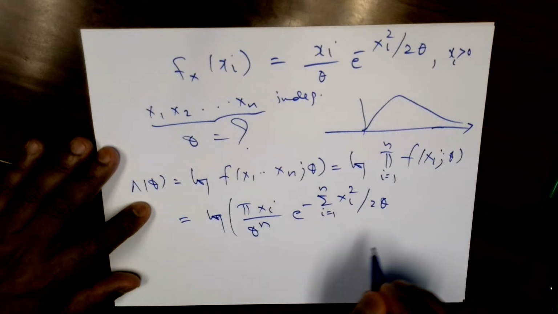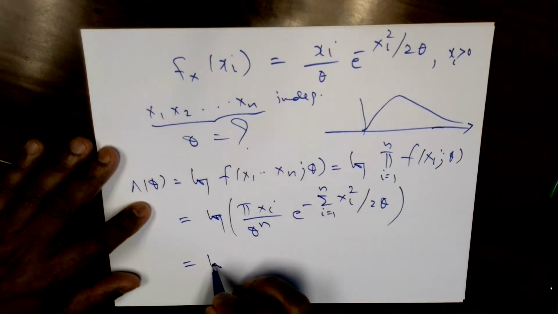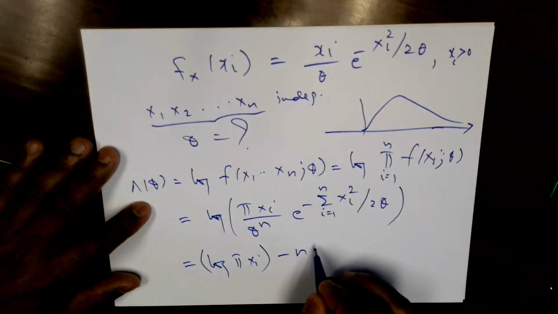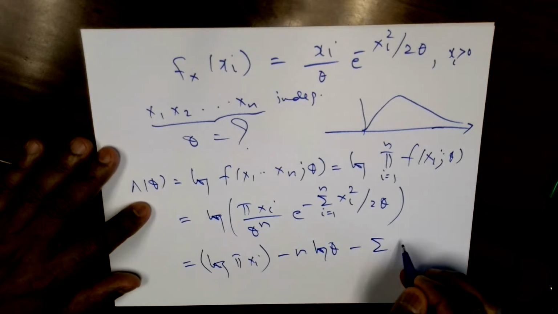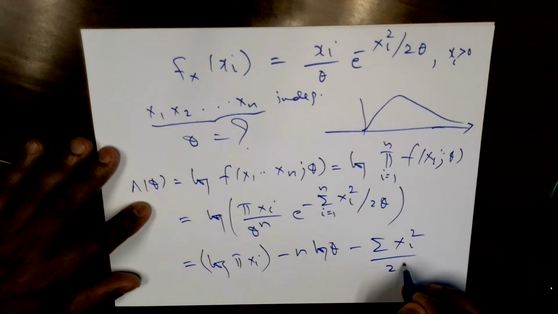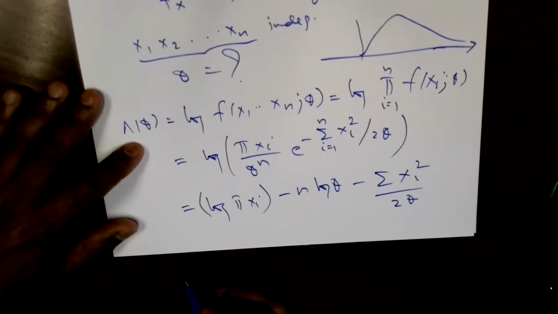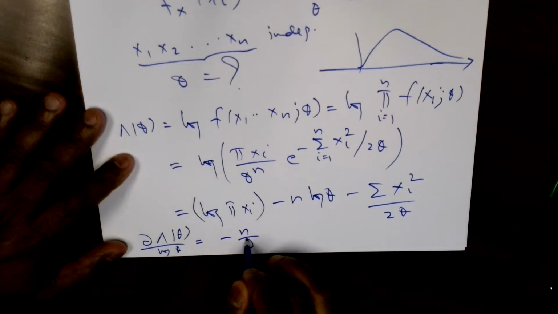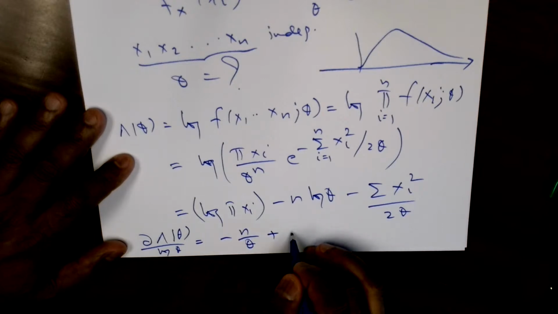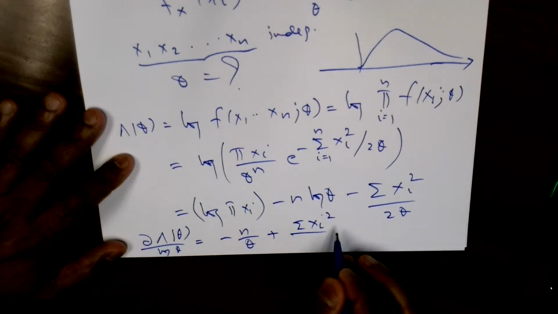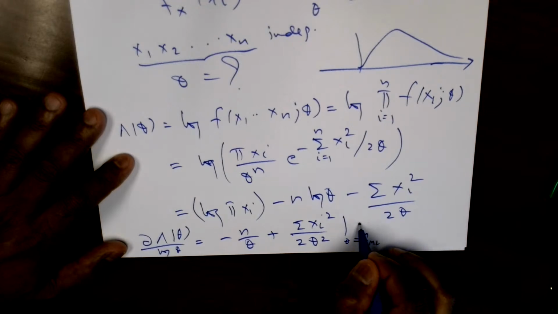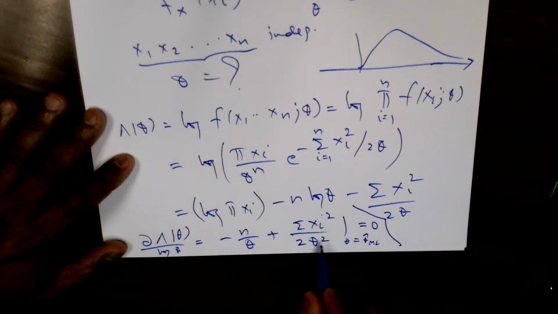So when I take the logarithm of this, I get product of xi, which is not consequential, minus n log theta minus sigma xi squared over 2 theta. So I'm going to take the derivative of this quantity with respect to theta. So I get minus n over theta plus sigma xi squared, which is a constant, over 2 theta squared, at theta equal to theta hat ml. We equate this to 0. So we have to solve this equation.